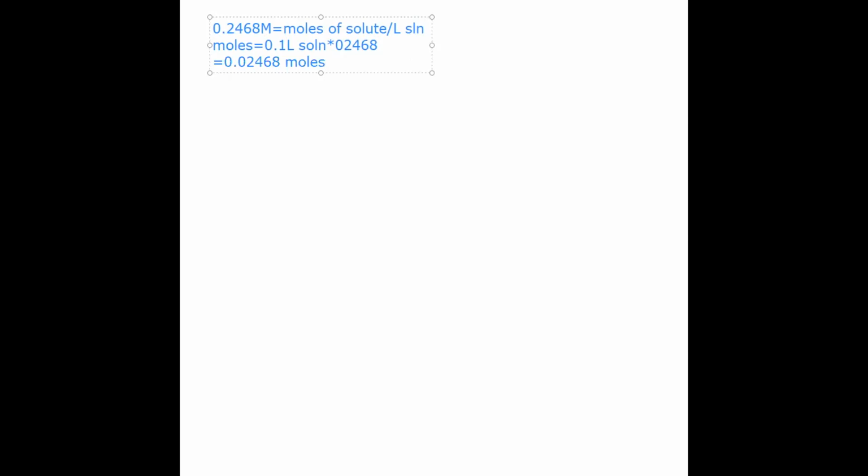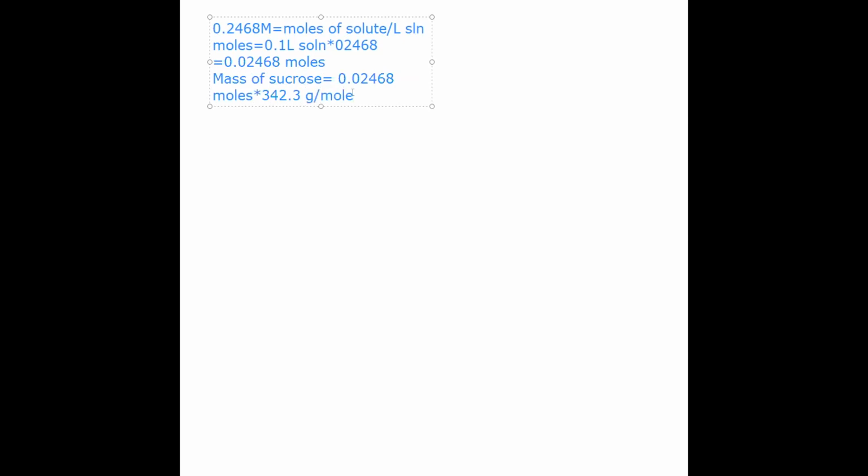But it says how much sucrose would be necessary to make this solution. Just remember there's a connection between the number of moles, the molecular weight, and the mass. So to arrive at the mass of sucrose, I would have to multiply the moles by the molecular weight of sucrose. So basically it will be 0.02468 moles, and I will multiply this by the molecular weight of sucrose, which is 342.3 grams per mole.